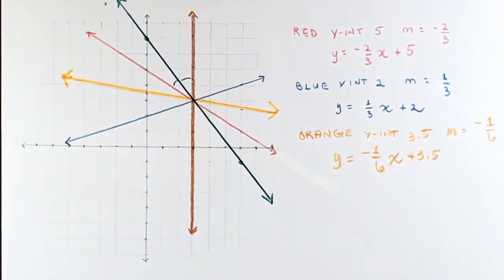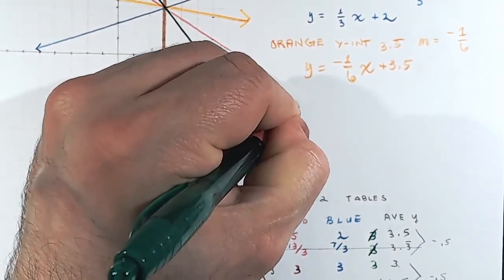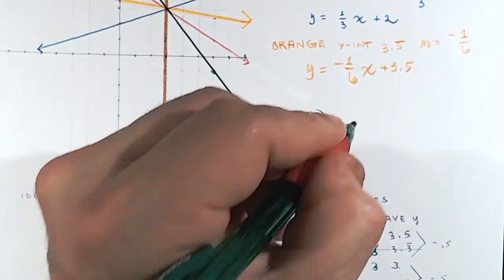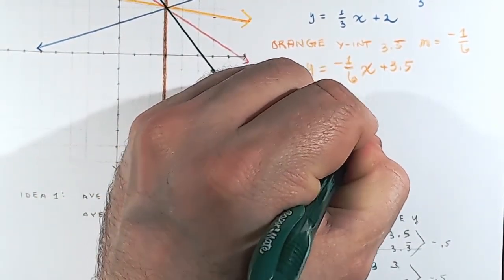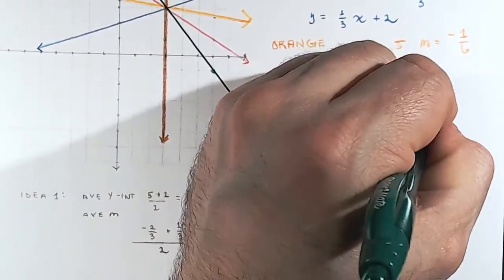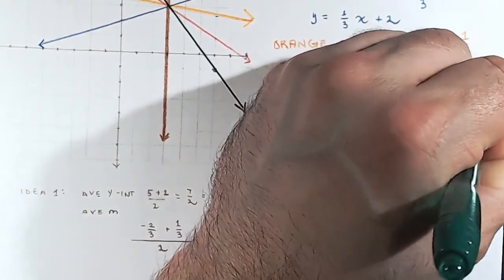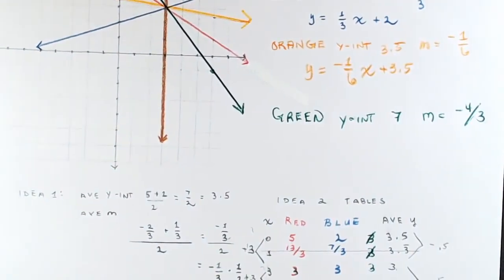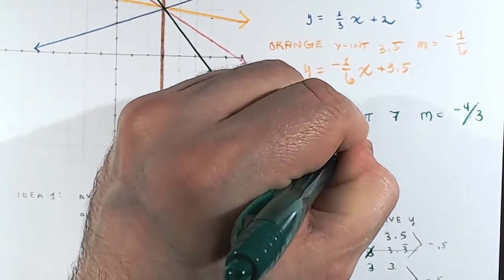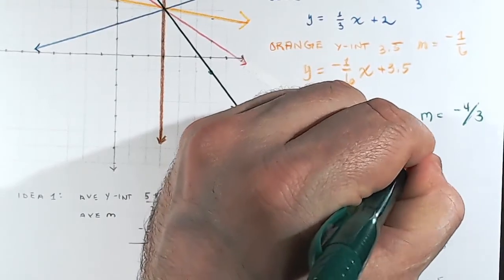So the equation, here's the question, let me write this out. Would the green line have this equation? Y-intercept at 7 and a slope m equal to -4/3. Okay, so in this case, y equals -4/3 x plus 7.